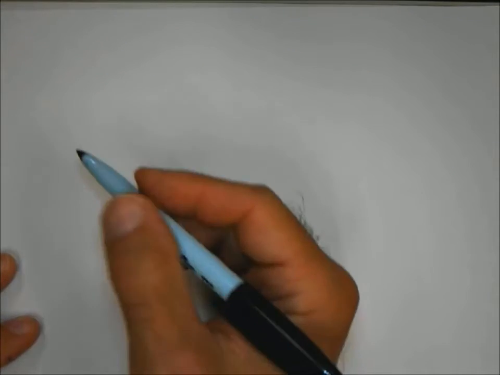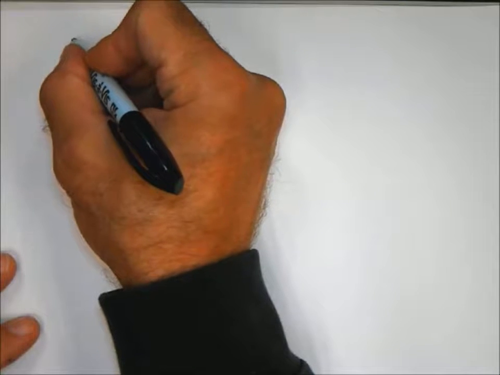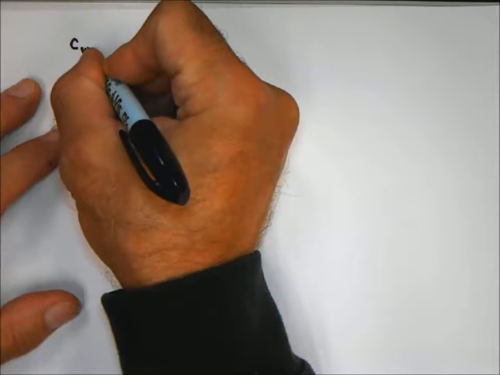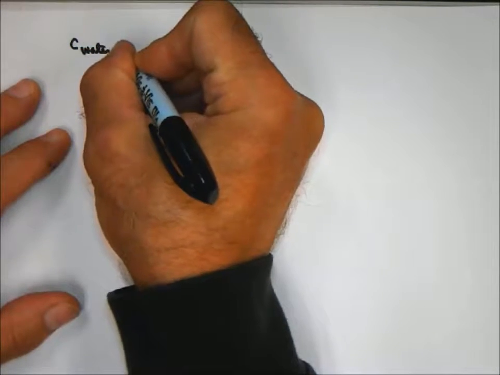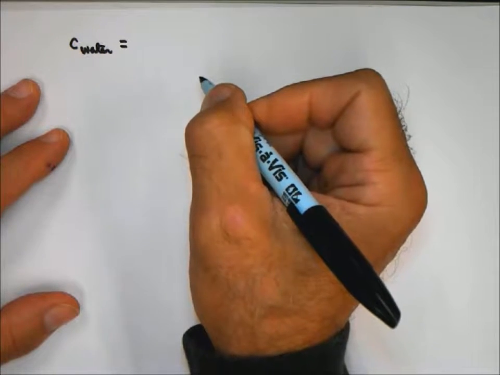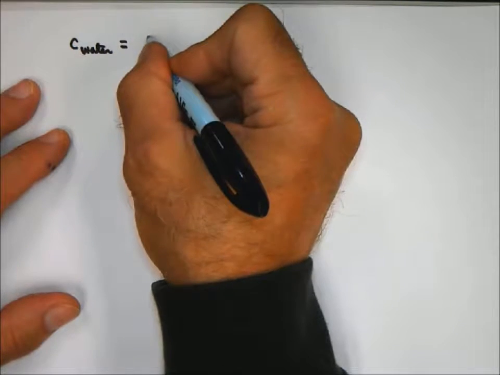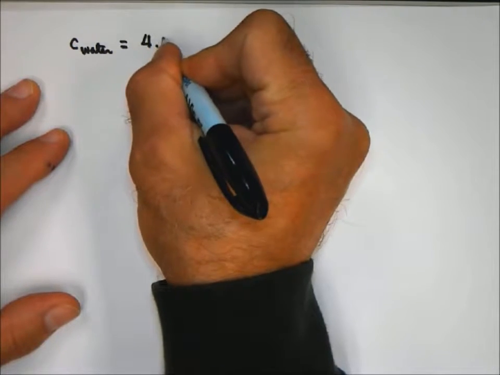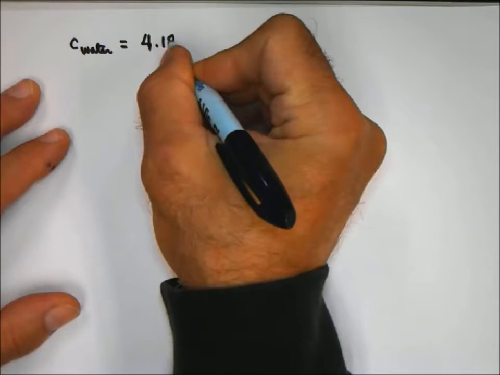So if we think back to the little 1 gram sample of water, compare that to the 1 gram sample of aluminum, the specific heat for water is a little over 4 times greater than that for aluminum. It happens to be 4.18.